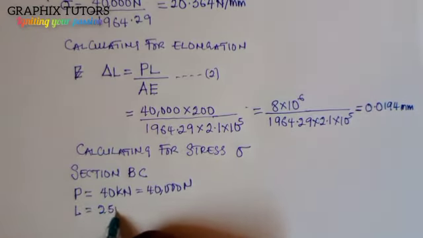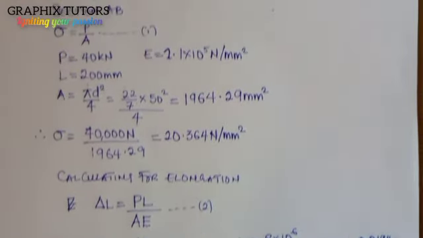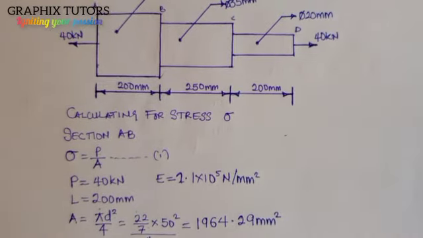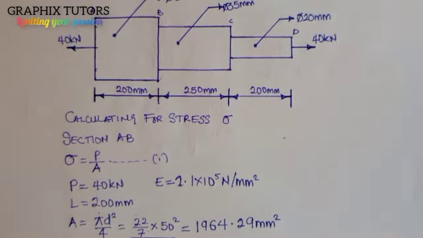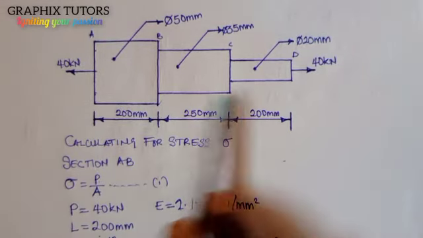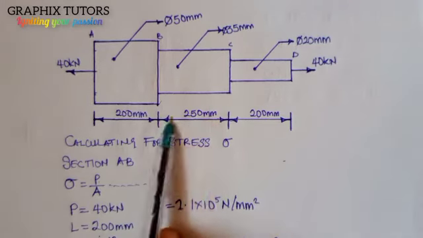You'll be wondering, where am I getting this parameter from? Now watch. At this point, we're talking about this bar here. We have the section here. It's giving us 250, that is the length.